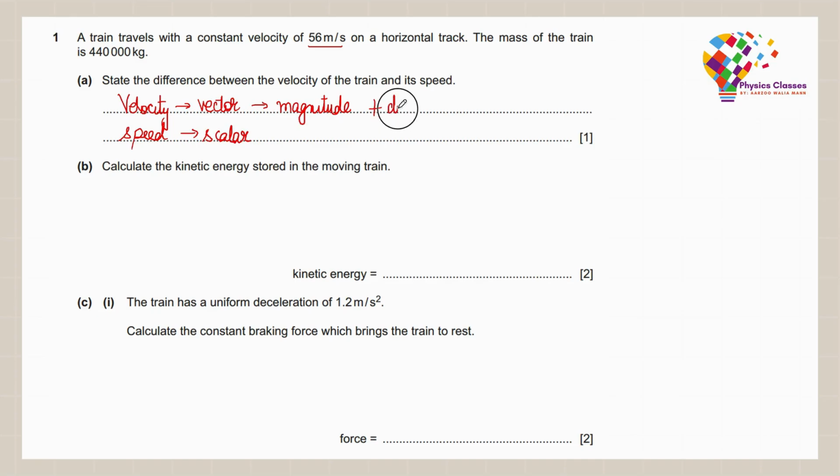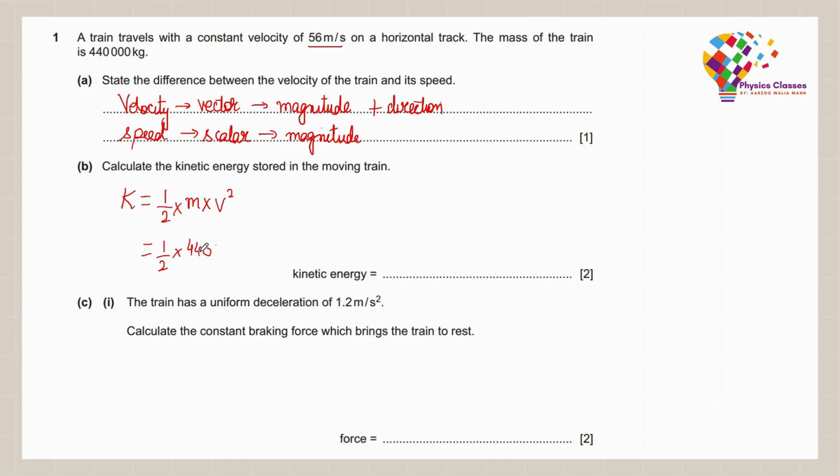In the B part, it says calculate the kinetic energy stored in the moving train. So we know in order to calculate kinetic energy, we use the formula 1 by 2 times the mass times the velocity square. So we would just directly substitute the values over here. So 1 by 2 into the mass, which is 440,000, and we also have the velocity, which is 56 meters per second.